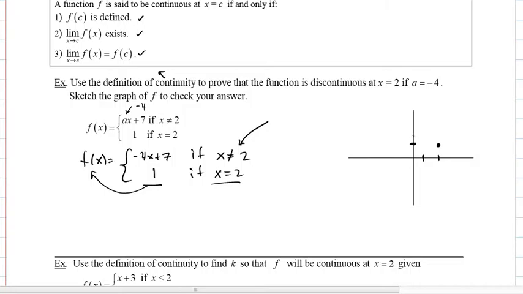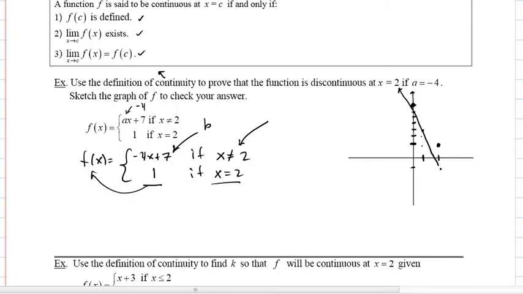So here's 2, 3, 4, 5, 6, 7. And since it's a negative 4x, that means we're going down 4. Here is our y-intercept, because that is our b in our mx plus b equation. 1, 2, 3, 4, 1 to the right, and repeat. So I'm going to say that this is my graph.